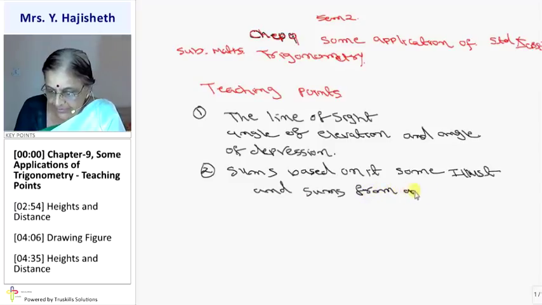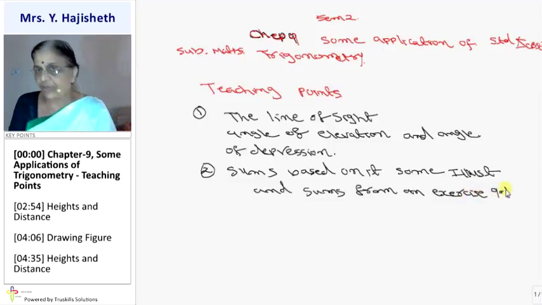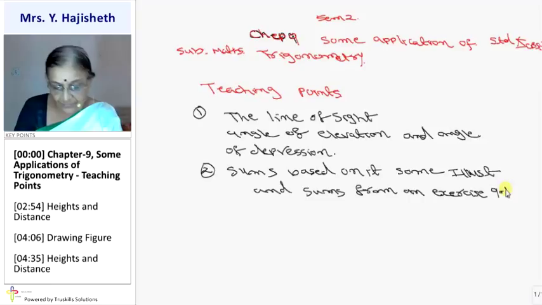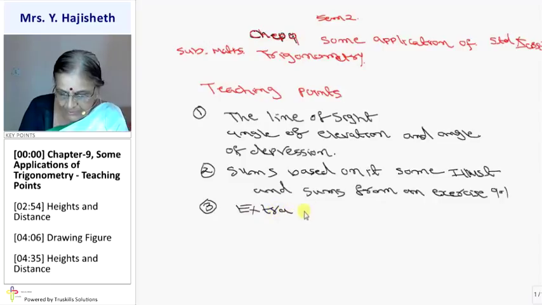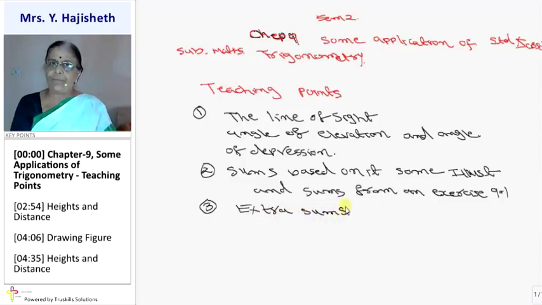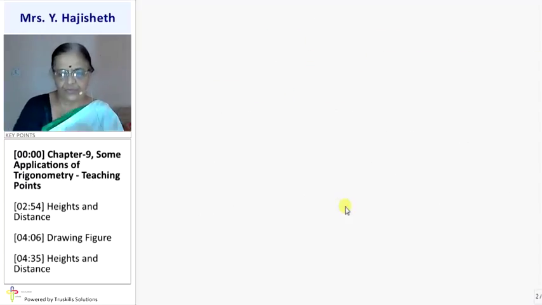So we are completing all these sums from exercise 9.1 and some important illustrations also I will discuss. And then we are going to do some extra sums. So from the teaching points, you must realize this topic is very small, and this topic carries around 5 to 6 marks, okay? I think so. फिर भी आप refer करना.